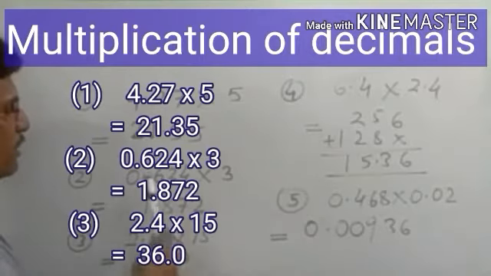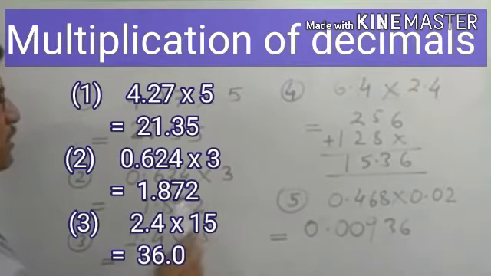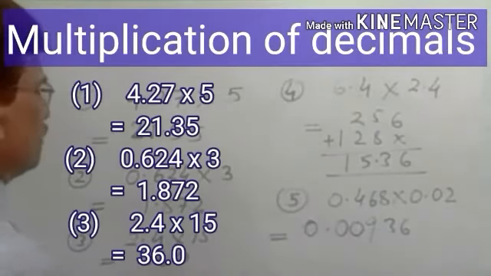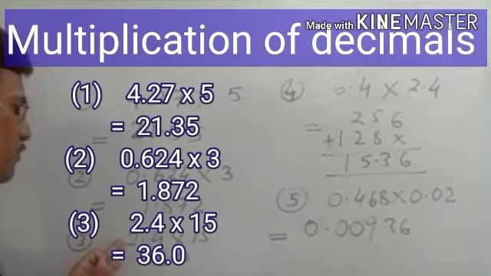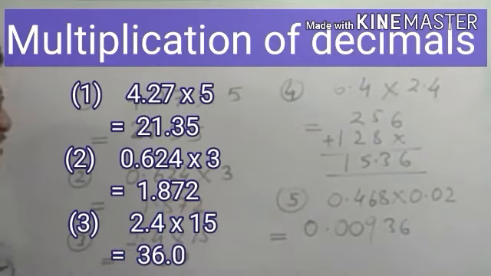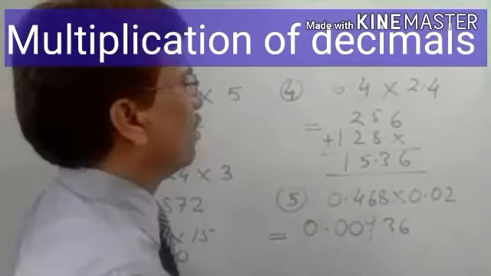It becomes 1.875. Third, 2.4 into 15. First we multiply 24 by 15, ignoring the decimal. We get 360. Now after the decimal 1 digit, so we put the decimal after 1 digit from the right. 36.0.